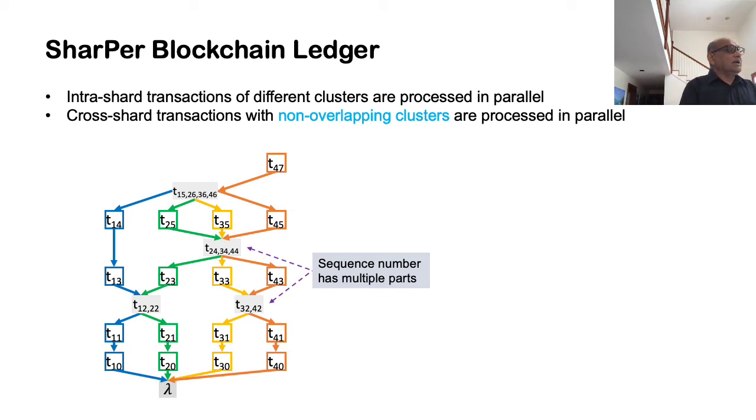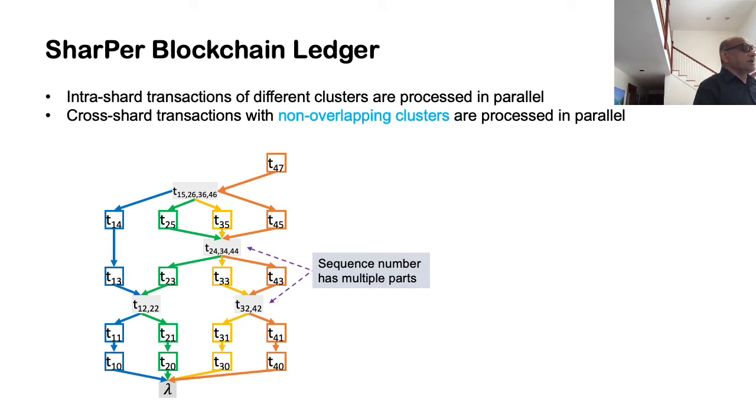But in reality, you cannot be sure that the transactional activity is going to be confined within a single shard. So you want to be able to support cross-shard transactions, and that's what is being illustrated in this picture. These gray nodes are the cross-shard transactions, and the arrows show these cross-shard transactions interacting with multiple shards.